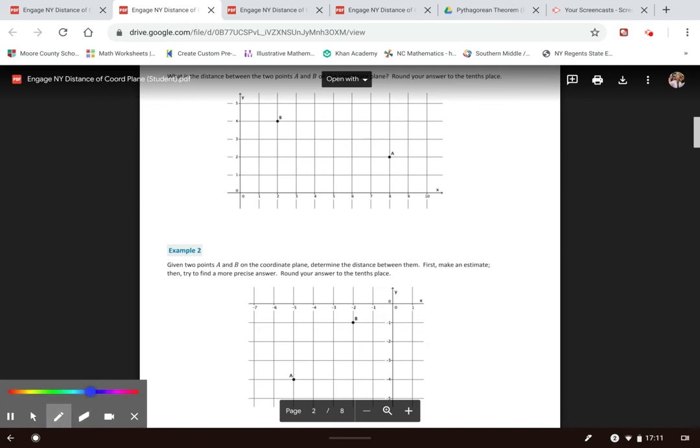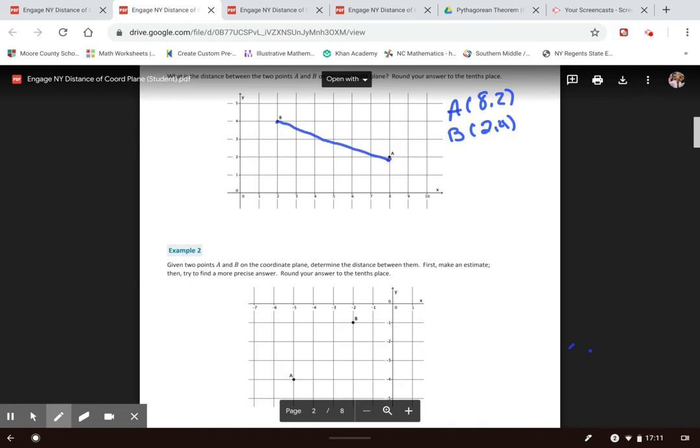All right. And so point A is at 8, 2. And then point B is at 2, 4. And I'm trying to find the distance between these 2 points. So what I have here is what we call a diagonal distance.